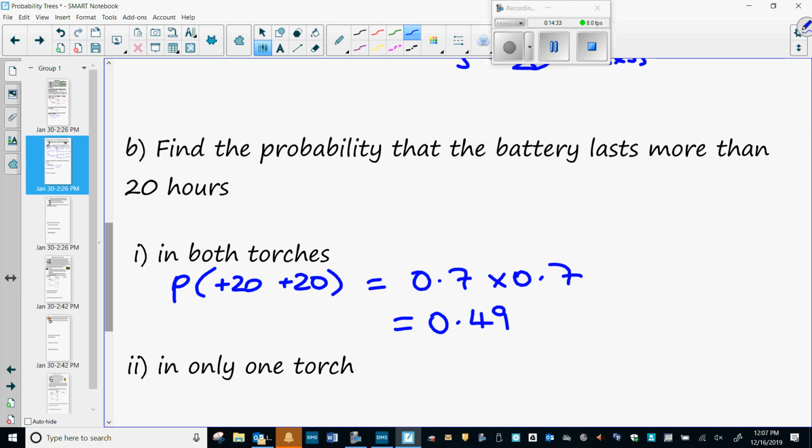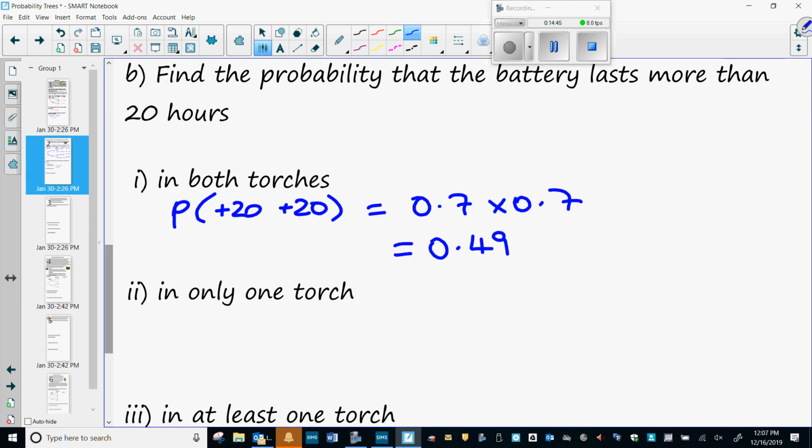So this one is only one torch, so it's more than 20 hours in just one of the torches. Well, how many outcomes have more than 20 hours in just one torch? Two of them. So this is the situation where we've got ors. So this is going to be our plus 20, less than or equal to 20, or less than or equal to 20, plus 20.